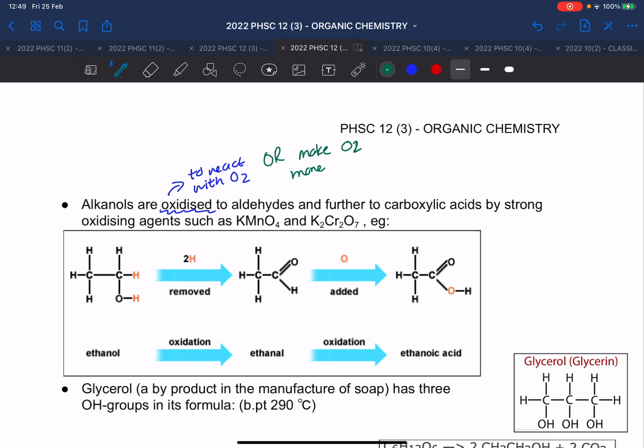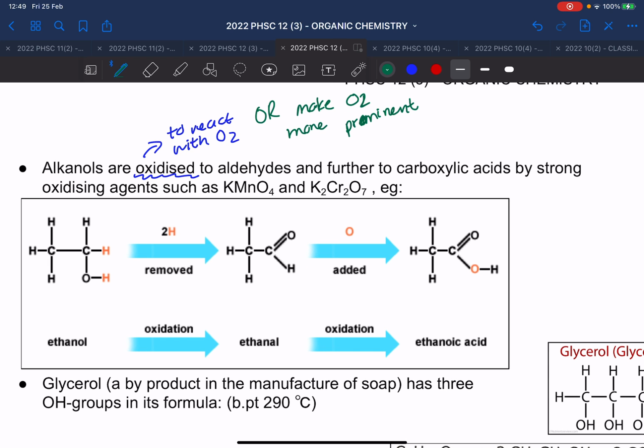more prominent. What does the word prominent mean? Important, like inspirational, more like a key thing.